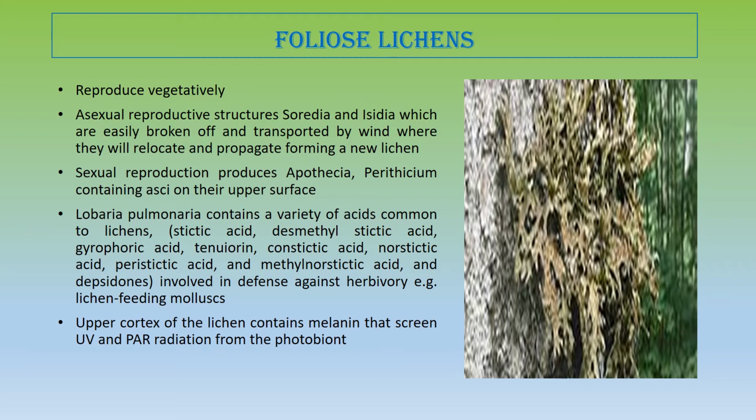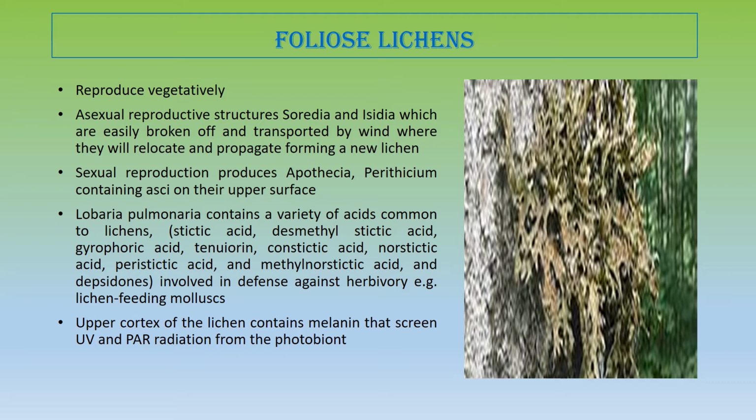Foliose lichens reproduce vegetatively and also asexually. They reproduce vegetatively by fragmentation, and asexually by soredia and isidia. These are structures which contain fungal filaments surrounding green algae or cyanobacteria.